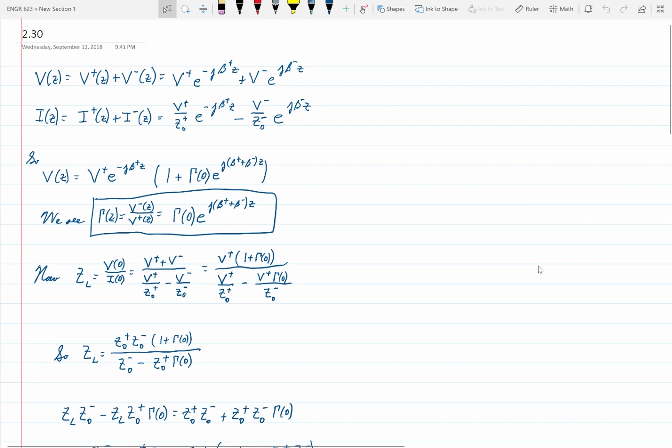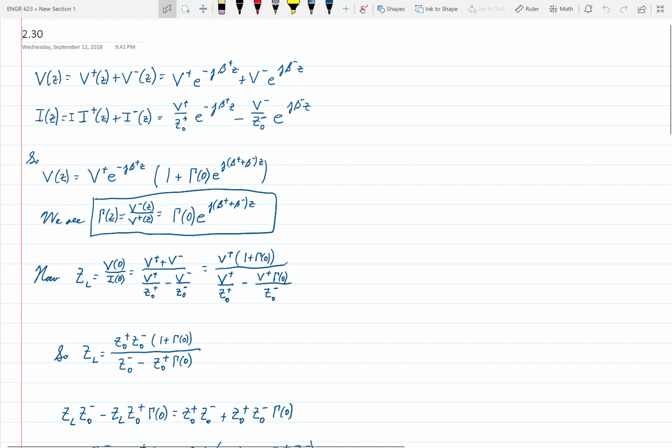So let's look and see how this problem would go. The voltage along the line would consist, as usual, of a forward traveling wave and a negative traveling wave. But now that forward traveling wave has propagation constant beta plus, and the negative traveling wave has propagation constant beta minus.